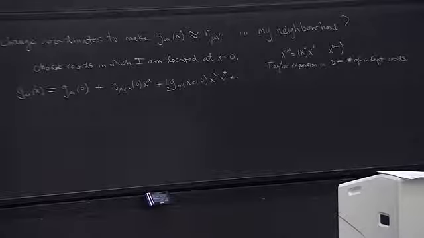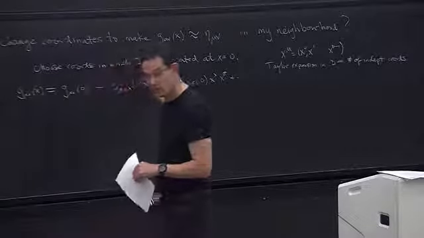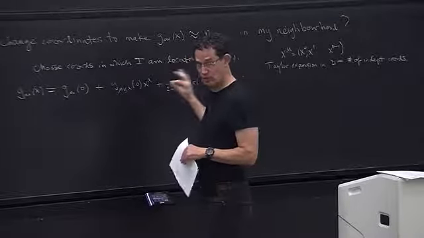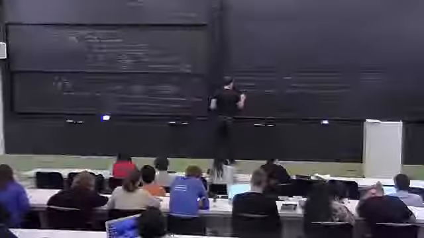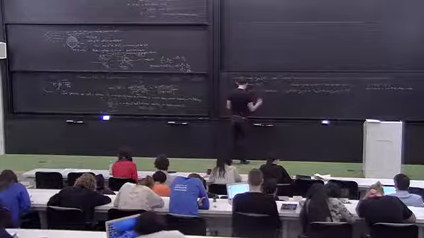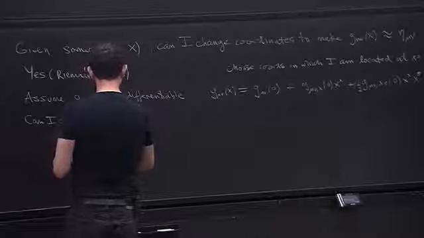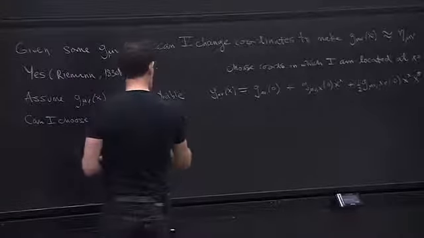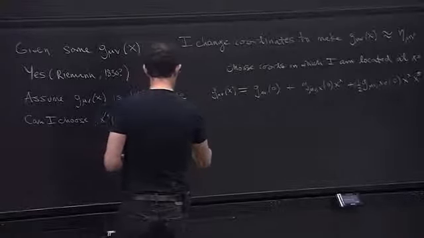Now, the idea is to choose different coordinates in which we actually set this guy to 0. Can I choose different coordinates, x prime? So can I choose a function x prime alpha of x such that g mu nu of 0 equals eta mu nu.